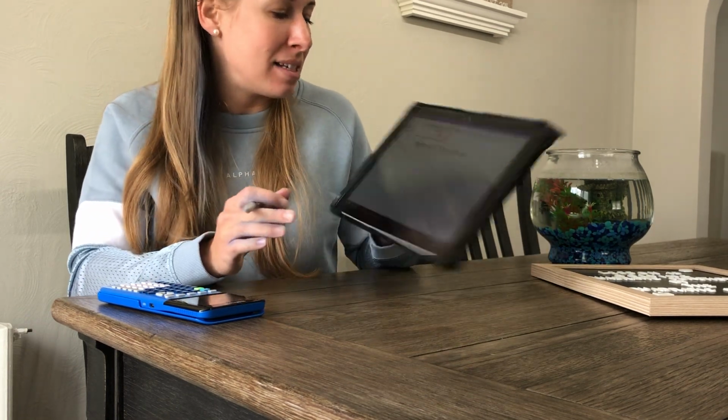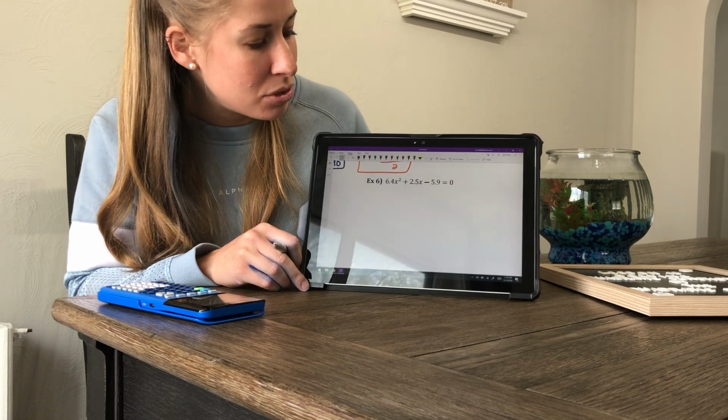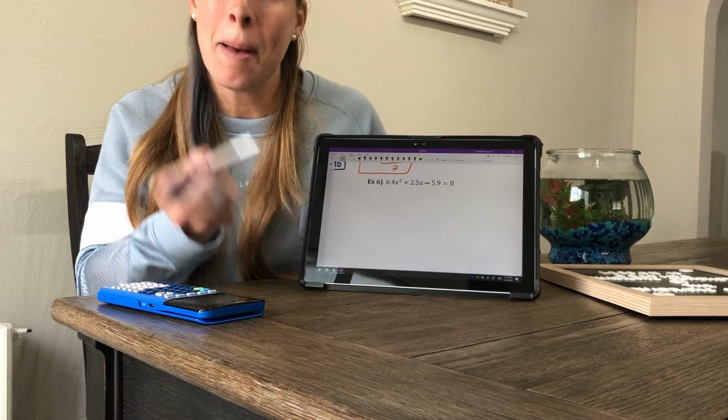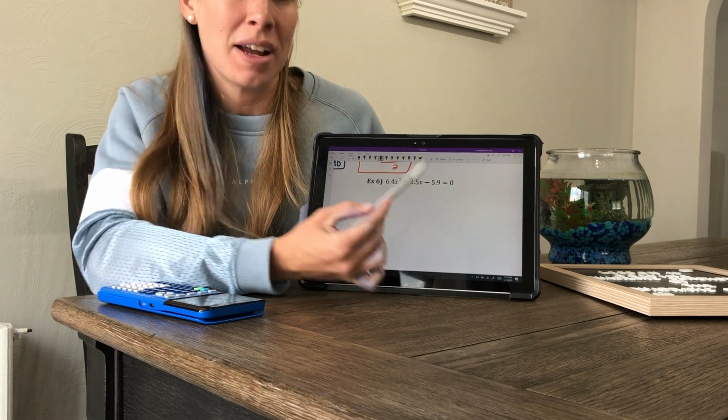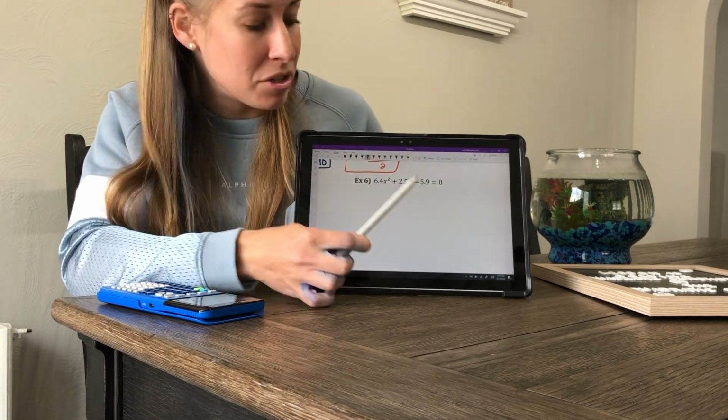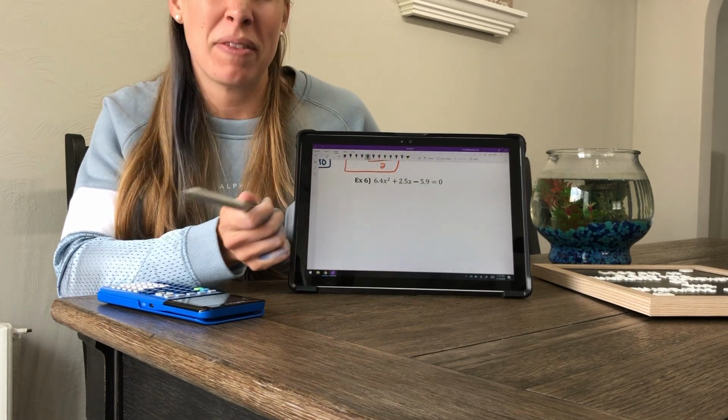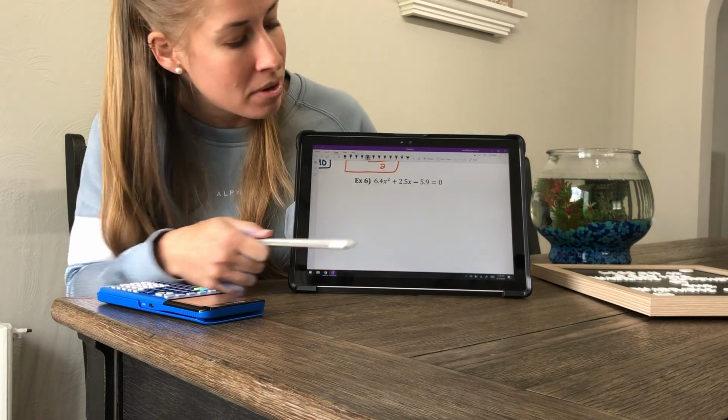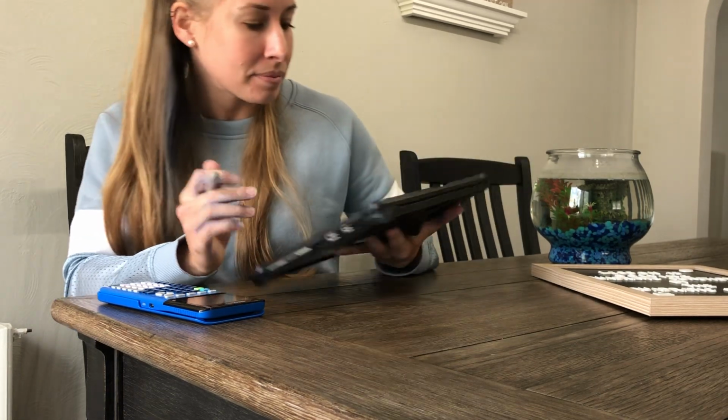So, example 6: 6.4x squared plus 2.5x minus 5.9. By the way, I did make this a subtraction sign. It was positive, so make sure you fix that to a negative. If I left it positive, it would give you another imaginary number. So make that negative.